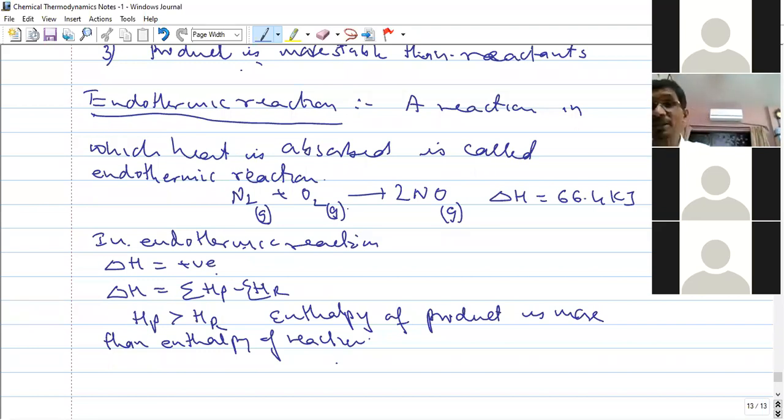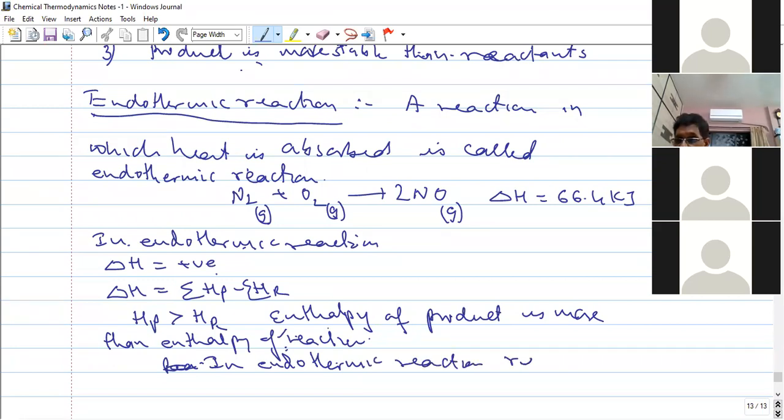Reactant. रिएक्टेंट स्टेबल। जिसकी एंथैल्पी कम वो स्टेबल। So you can say your चौथा point. In endothermic reaction, reactant is more stable.